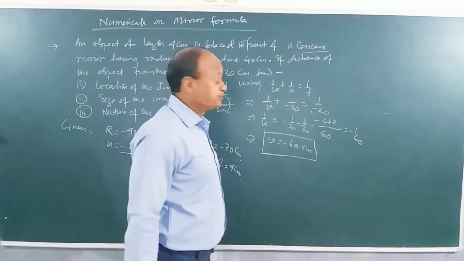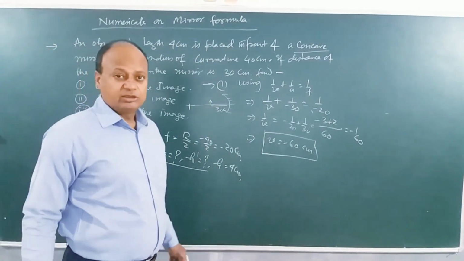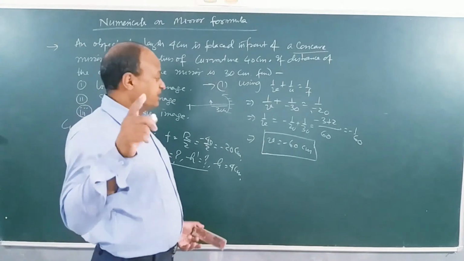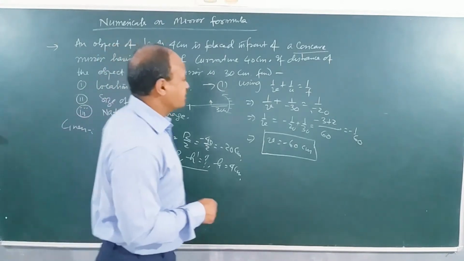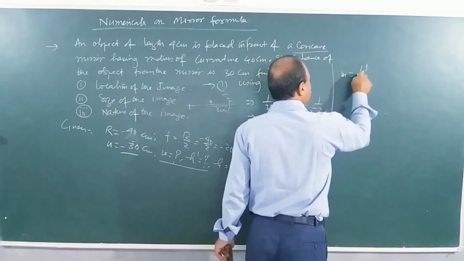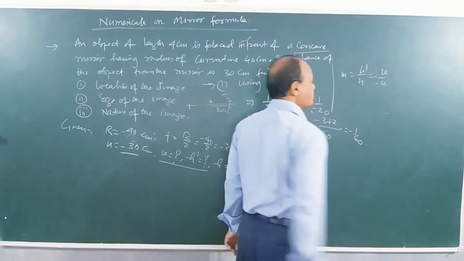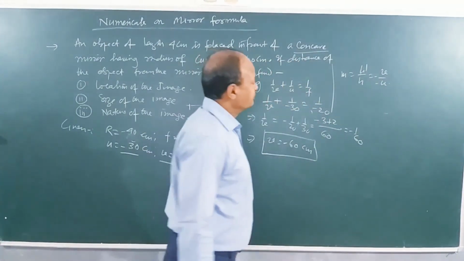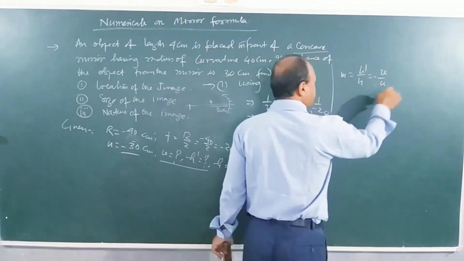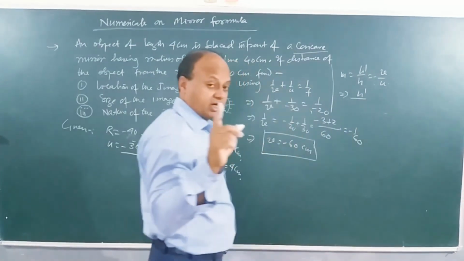Now they say, what is size of the image? For calculating size of the image, the magnification formula will be used, which will be taught. M is equal to h dash by h is equal to minus v by u. You put the values.